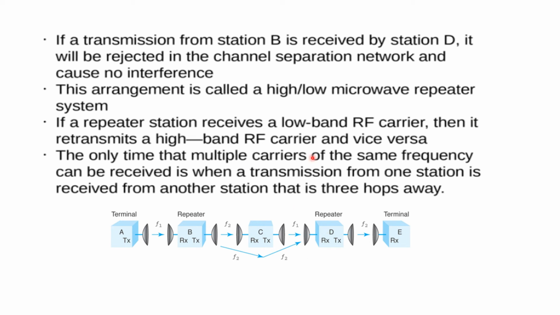If it receives a low band, it will transmit a high and vice versa. Then only one time a problem can be caused, which is when a transmission from one station is received by another station that is 3 hops away. We are speaking about these terminal stations and repeater stations which are in line of sight, and if they are in a straight line, then this problem may occur for a station 3 hops away. But, however, interference is avoided up to some extent.